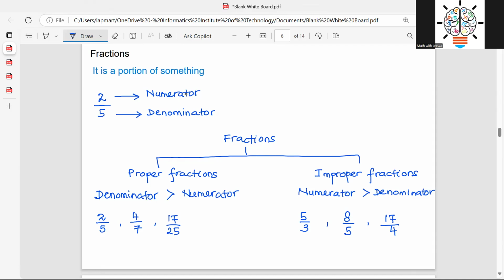Normally, the denominator should have the higher digit. That's the proper way. But if there is a fraction where the numerator is bigger, it is not the proper way, so we call them improper fractions. Two types of fractions: proper fractions and improper fractions.